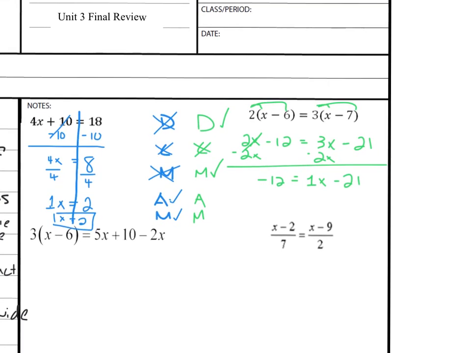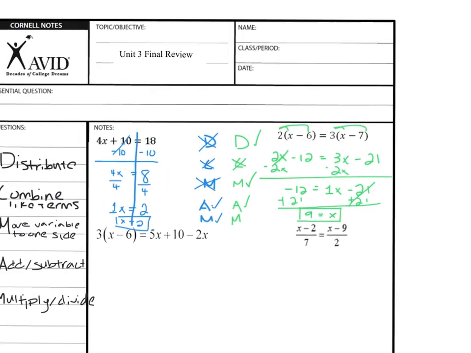Now I need to get x by itself, so I'll need to add or subtract. If I have 1x minus 21, I need to do the opposite of what's being done to the 21. So I'll have to add that to both sides. On the left side, I would be left with a positive 9. And the 21s cancel, so it would be 9 is equal to x for my final answer.